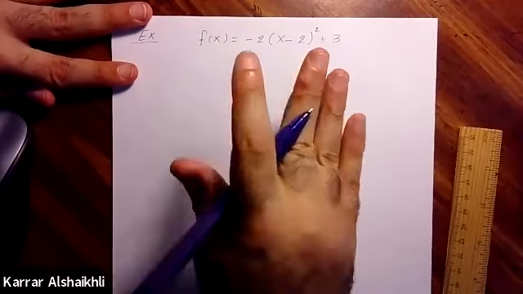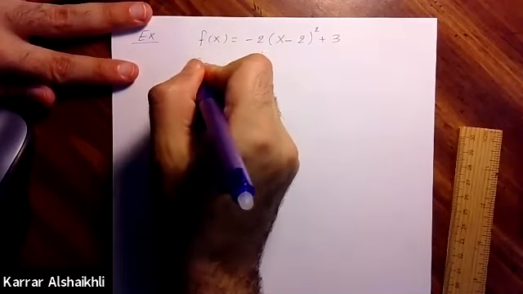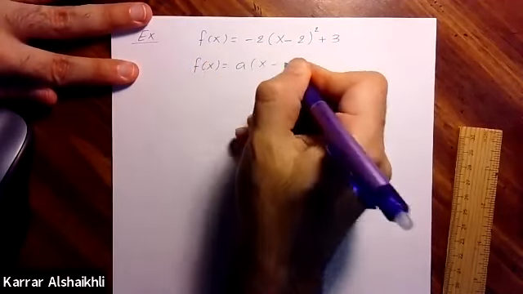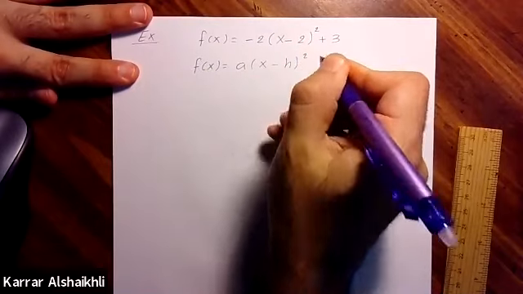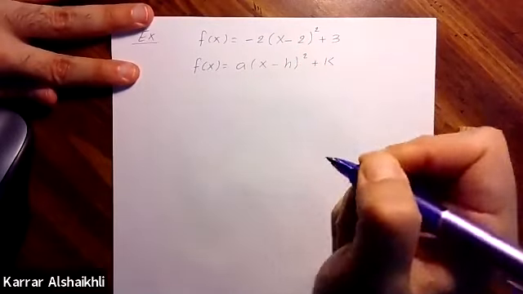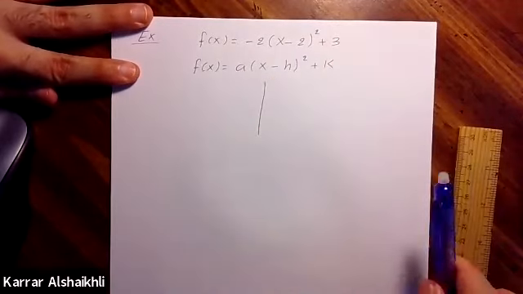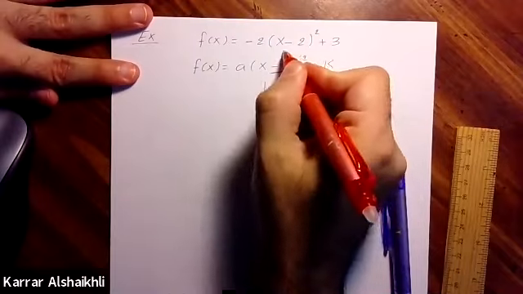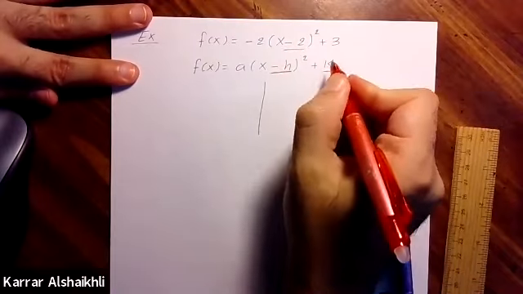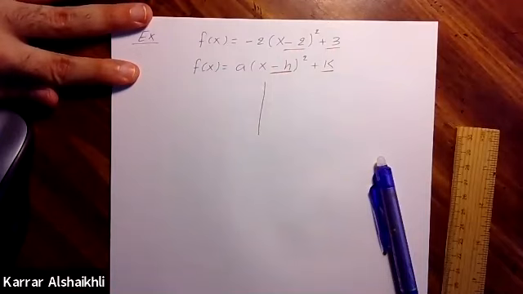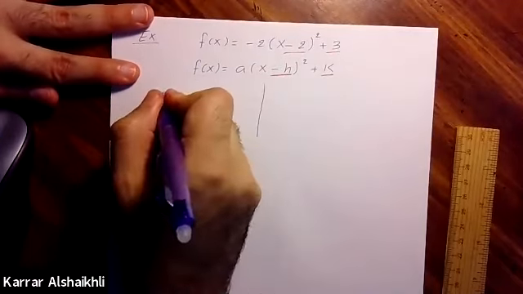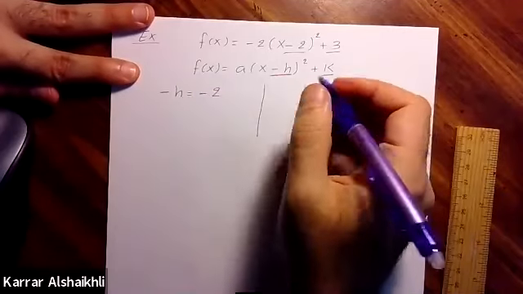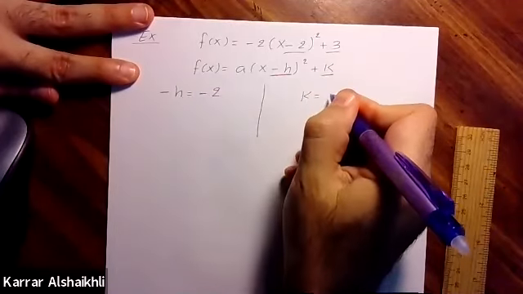So I'm just going to write down the vertex formula, which is a times x minus h squared plus k. Now here is the important next step. Negative h equal -2 and the k equal 3. So I'm going to say here negative h equal -2 and on the other side k equal 3.